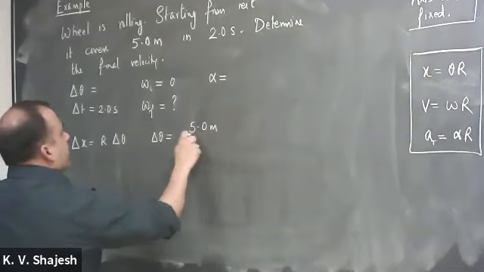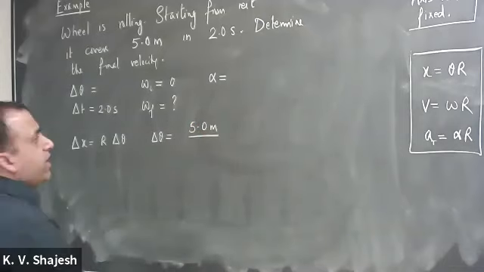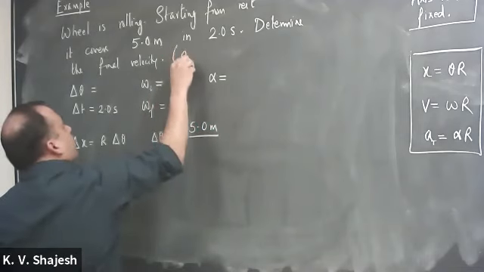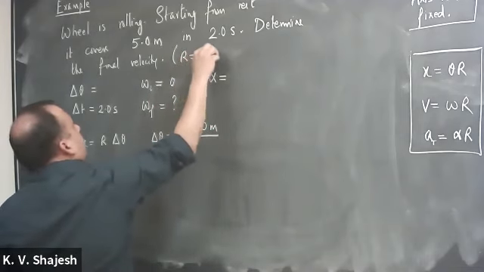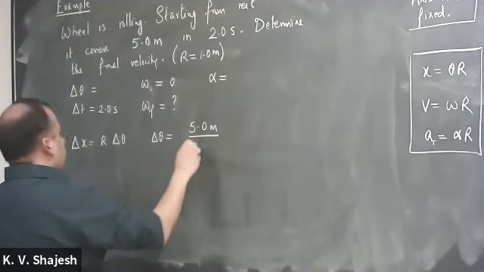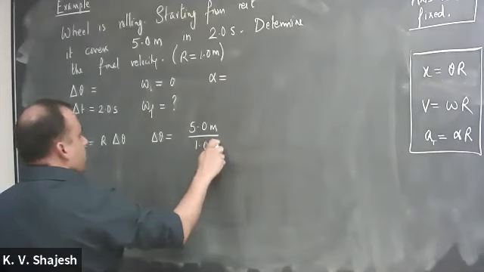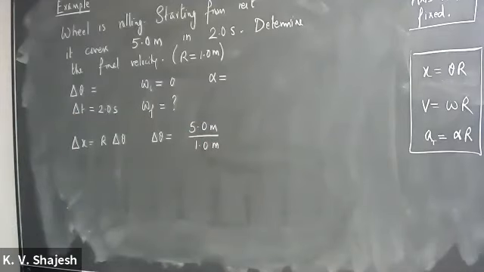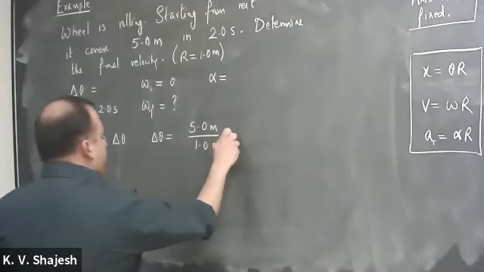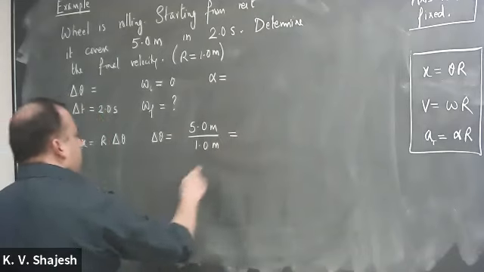Oh, I should have given you the radius also. So let's say the radius is 1 meter. Notice distance over distance comes out dimensionless, but we are talking in terms of angles.